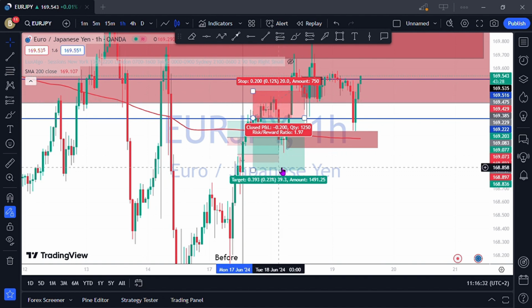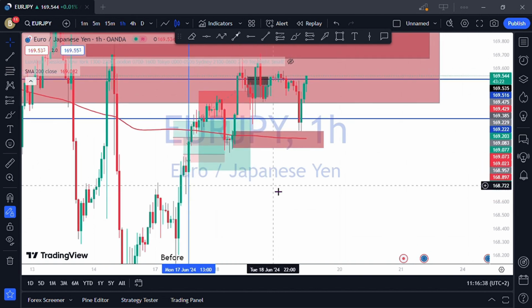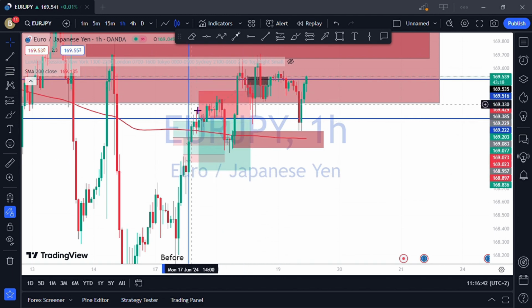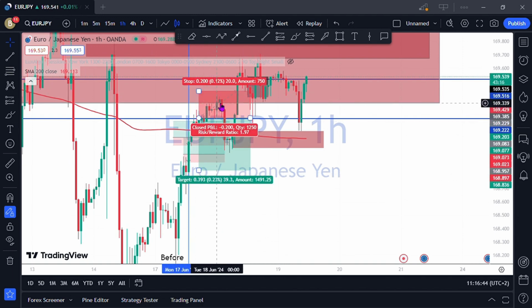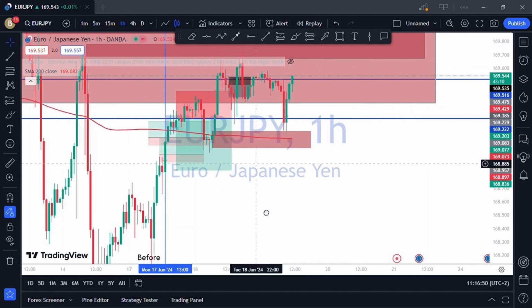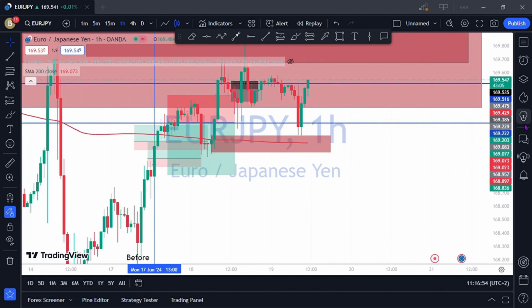So I was targeting this area, but it seems it never came back since then. But however, beside my targeting, you can see price truly came from right where there was an order block that was tested multiple times and got rejected, and it did get rejected.